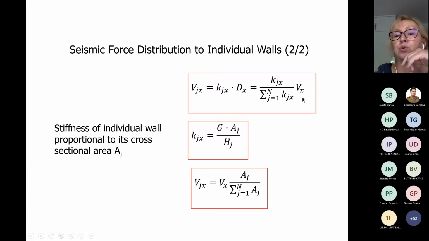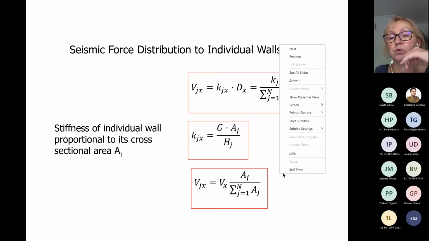If you know the total force at a certain level, let's say ground floor level, you can determine the force in individual walls from the equation, assuming the rigid diaphragm option and that the wall force is proportional to the stiffnesses. And since we are dealing with low-rise buildings, it's perfectly fine to say the stiffness is proportional to the area. Therefore, force in the wall will be proportional to the cross-sectional area of that wall relative to the other walls.